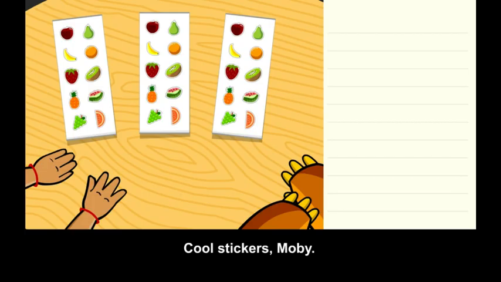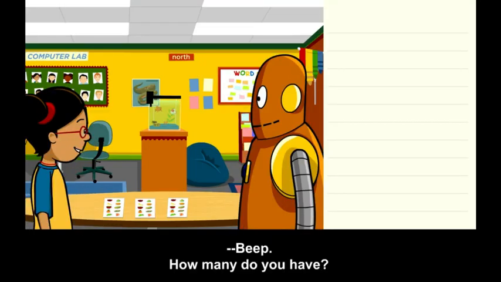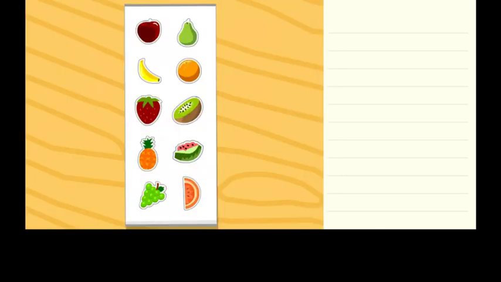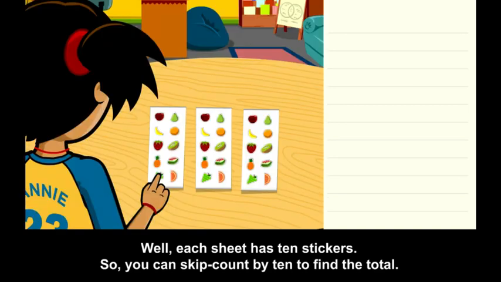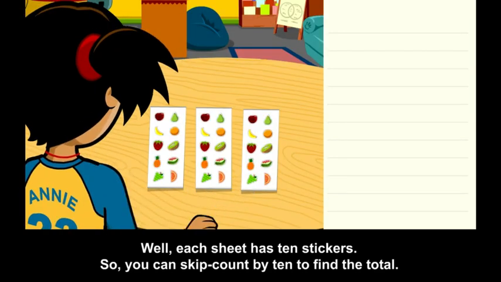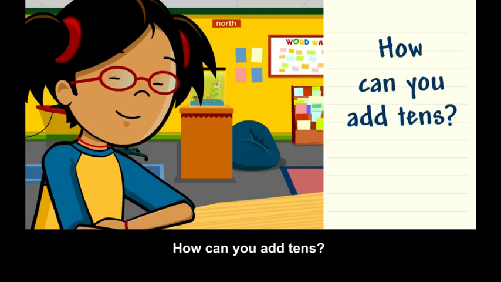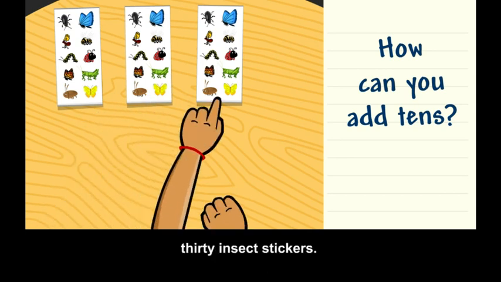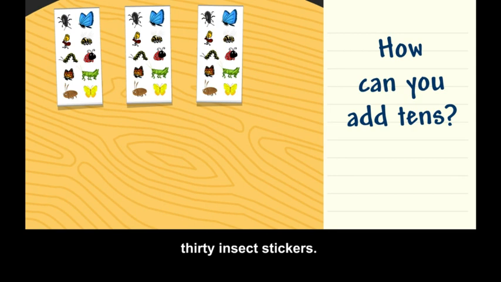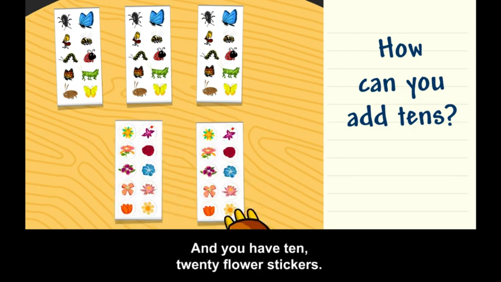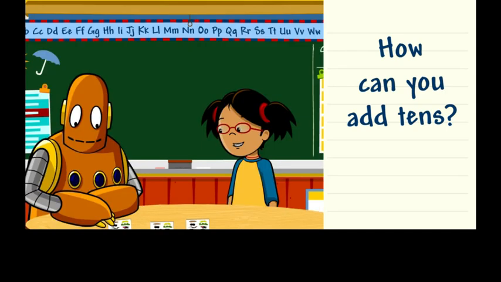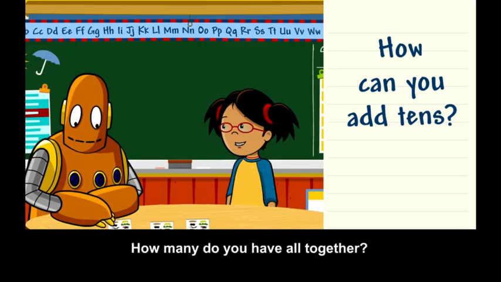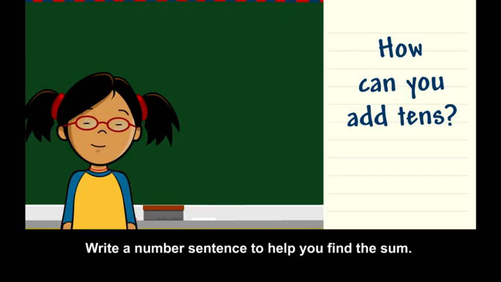Cool stickers, Moby. How many do you have? Well, each sheet has 10 stickers. So you can skip count by 10 to find the total. How can you add tens? Let's see. You've got 10, 20, 30 insect stickers. And you have 10, 20 flower stickers. How many do you have all together? Write a number sentence to help you find the sum.